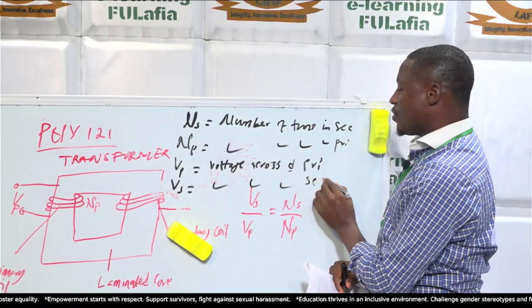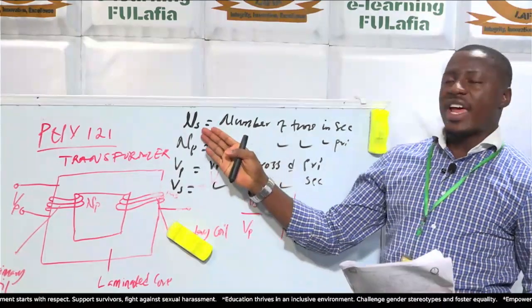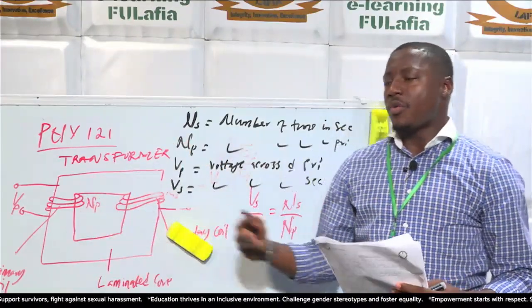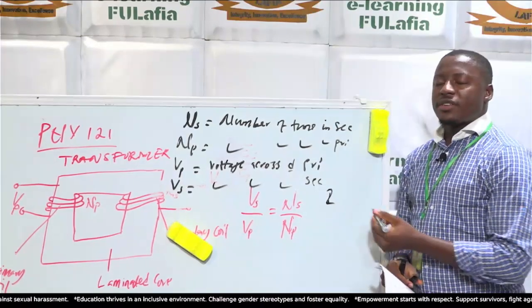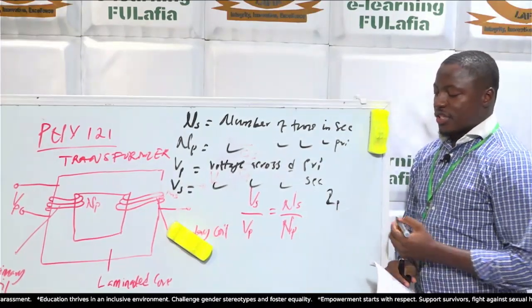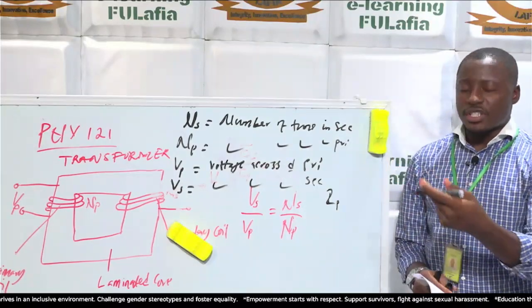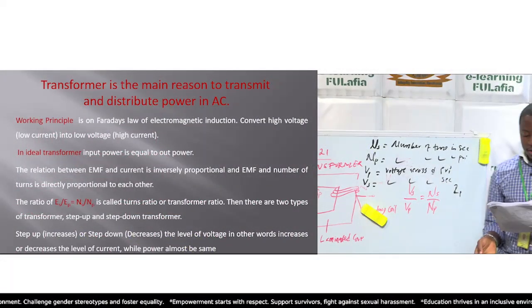As we proceed further, we'll be using the terms NS, NP, VS, VP, even IP and IS. And we know that we use I to represent current. So whenever you see IP, it means the current across the primary, or IS, which is the current across the secondary. These are the terms that we'll be using as the class proceeds.